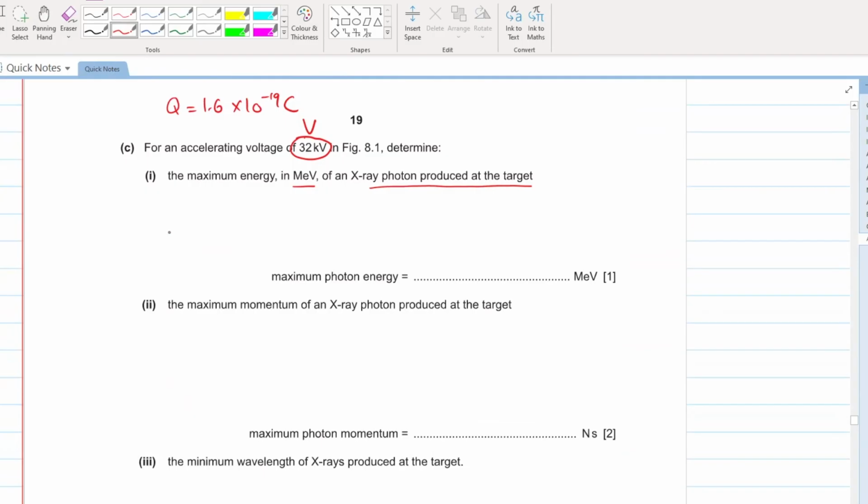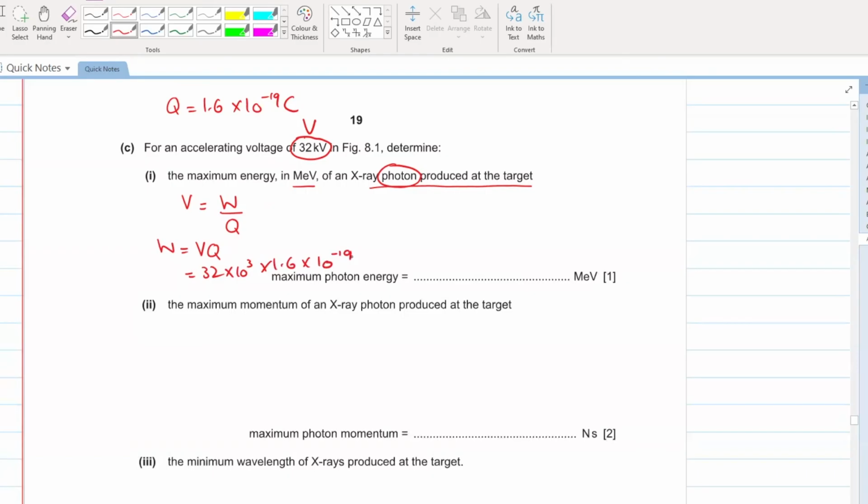Can you calculate the work done or the maximum energy of a single X-ray photon? Voltage is equal to work done over charge. So work done, or energy, will come out to be voltage into charge. Your voltage is 32 into 10 raised to the power of 3. Your charge is 1.6 into 10 raised to the power of minus 19.